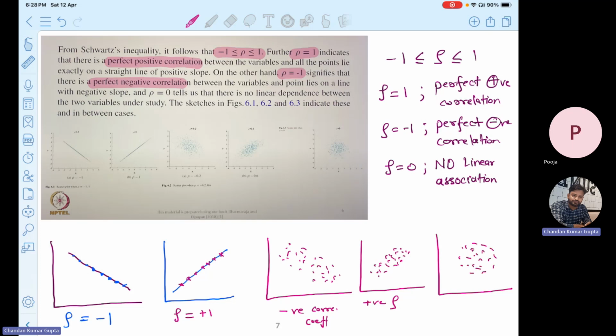There is no linear association between the variables. This is called no correlation between the random variables, so rho equals 0.